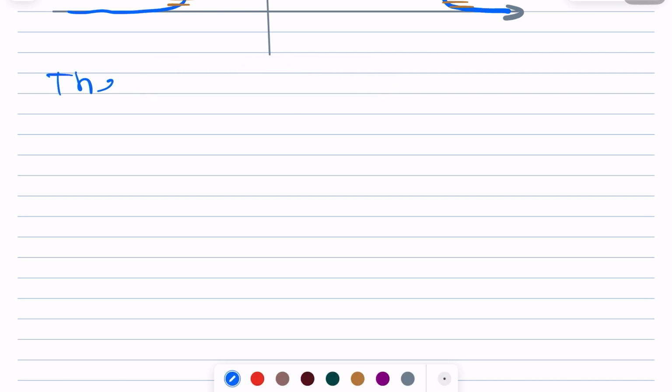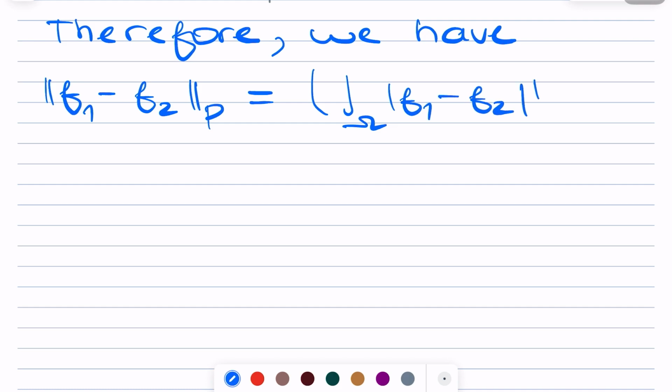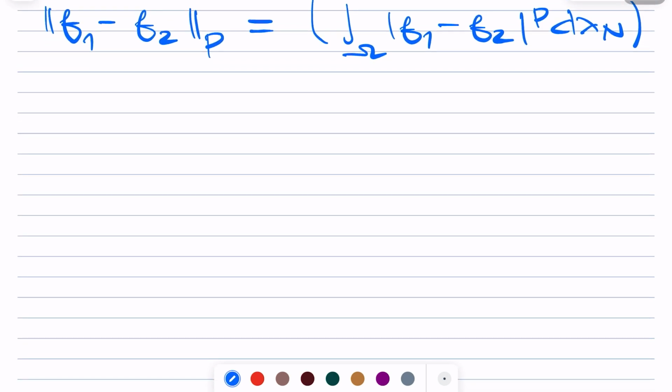So therefore we have the norm of f1 minus f2, the LP norm. By definition, this is the integral of f1 minus f2 to the power p d lambda n, the n-dimensional Lebesgue measure, to the power 1 over p.